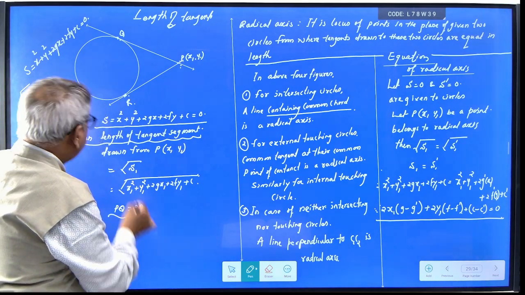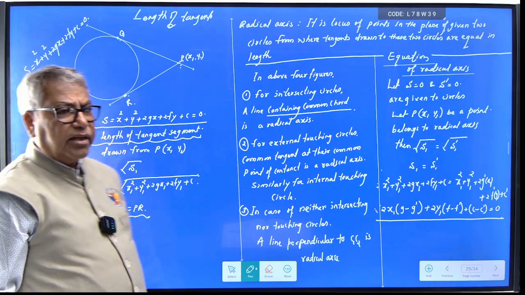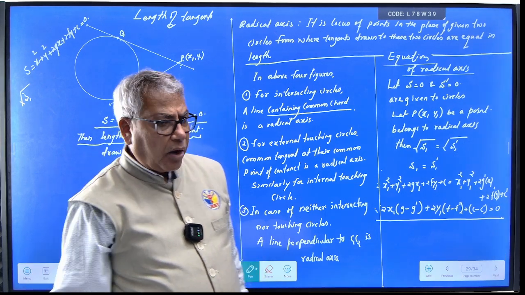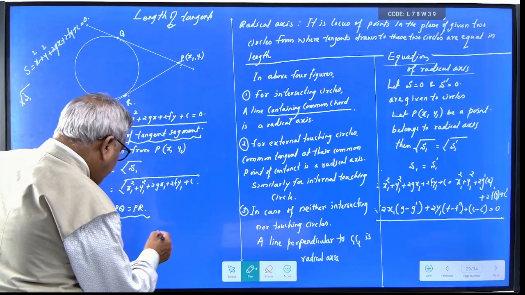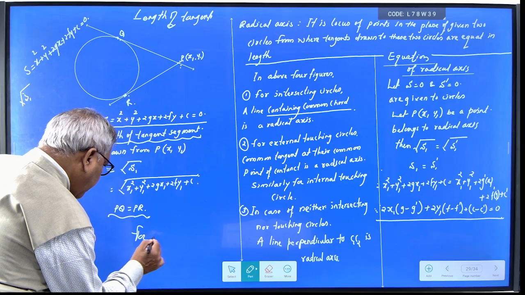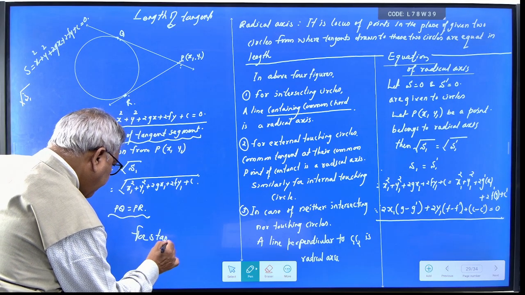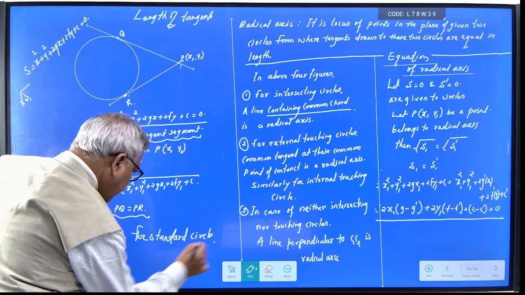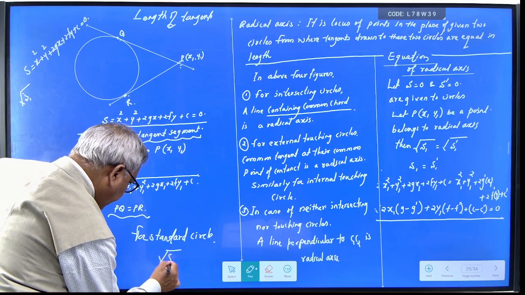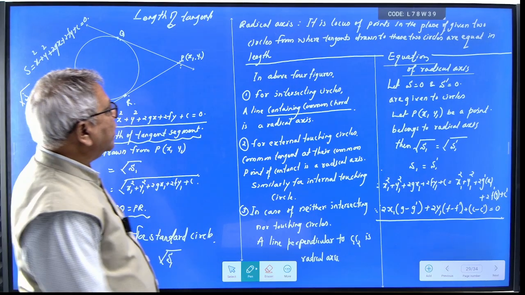So PQ is equal to PR, as you know that tangent segments drawn from an outside point are always equal in length. That is also for the standard circle; root S1 for any circle.